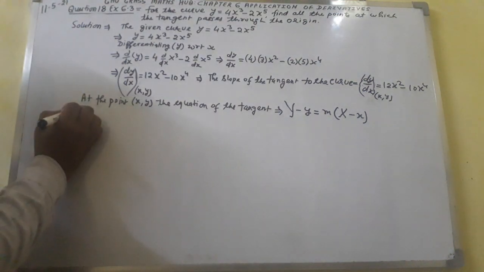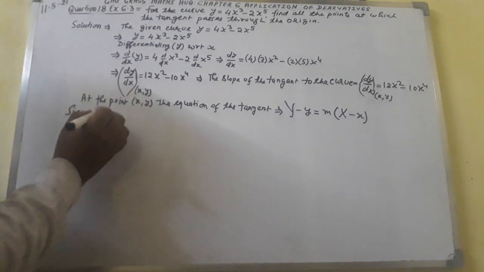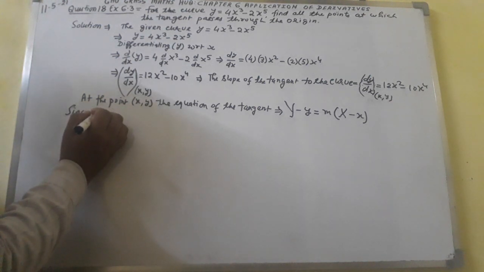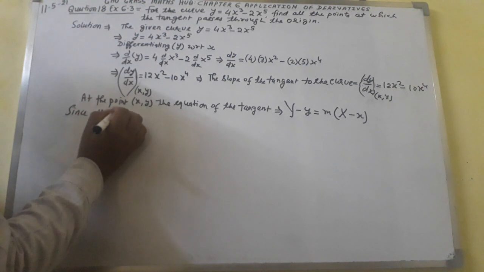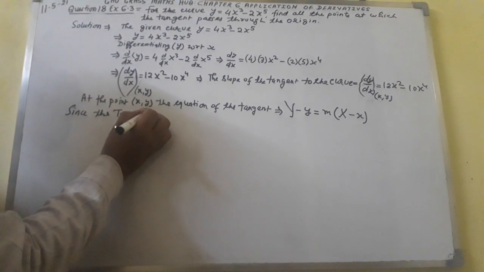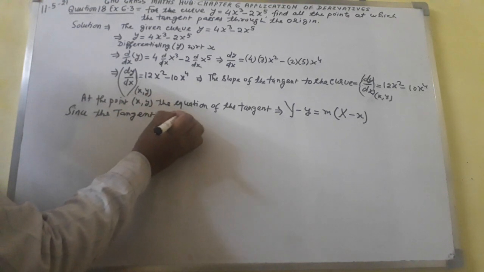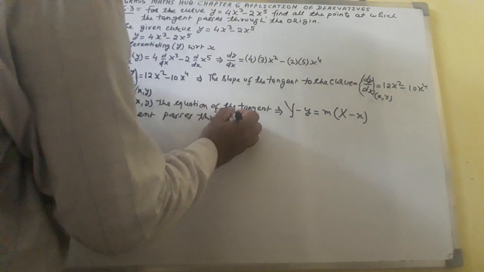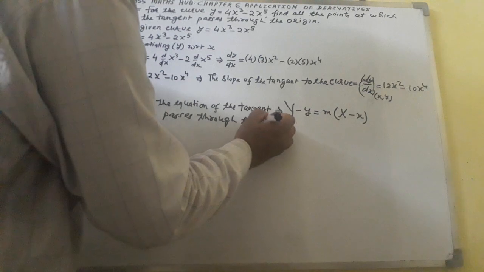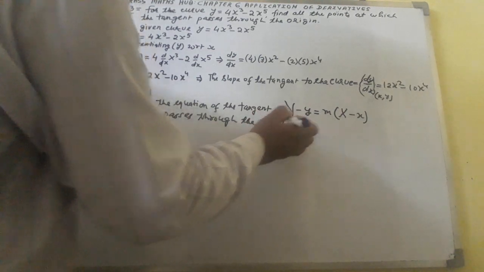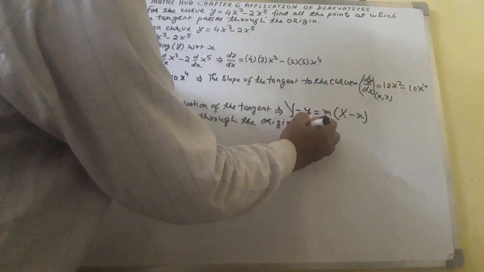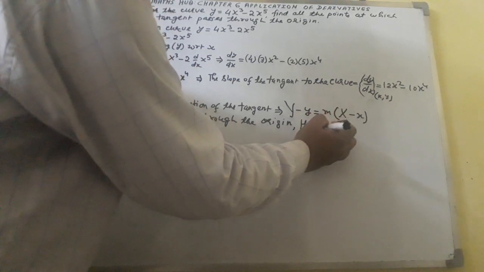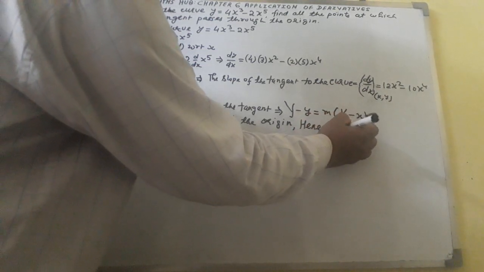Since the tangent passes through the origin, hence capital X equal to 0, capital Y equal to 0.